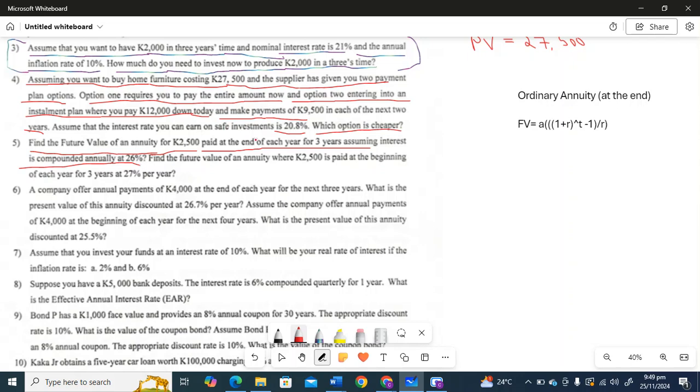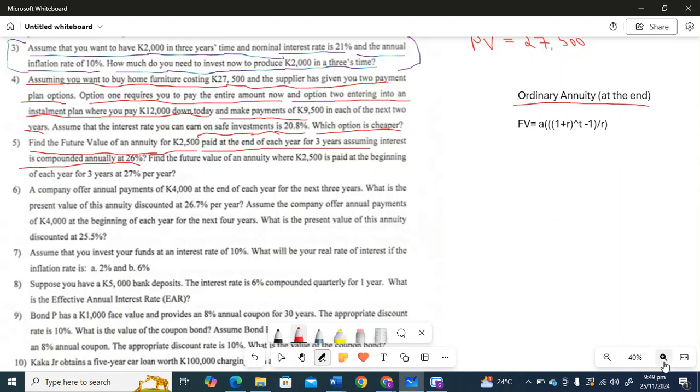Since the question said this annuity is paid at the end of each year, it's an ordinary annuity. Like your salary, you are paid at the end of the month. So that's an ordinary annuity.